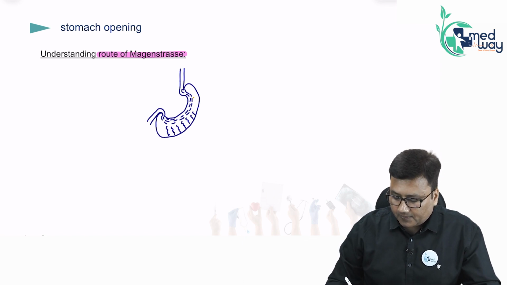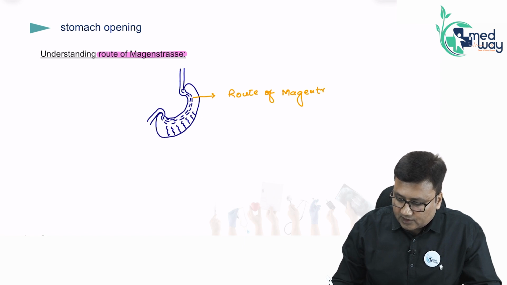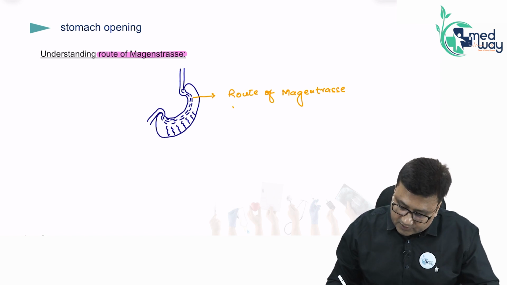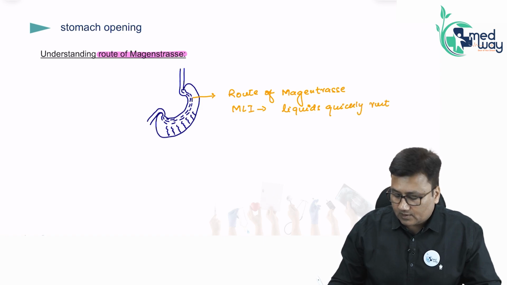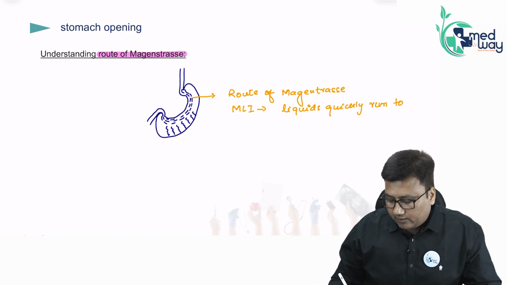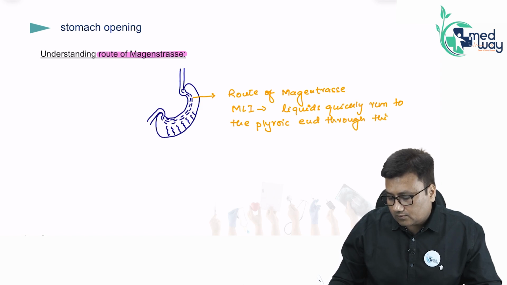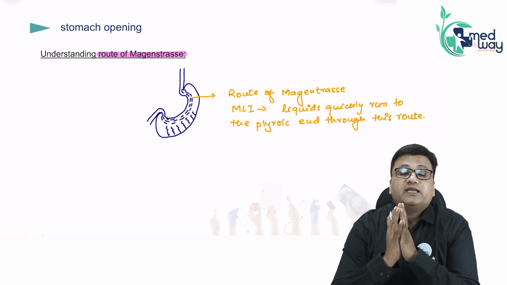This longitudinal running of the mucosal fold is called the root of Magentras, and the medico legal importance of this root is that liquids quickly run to the pyloric end through this route, and the same shall happen in cases of corrosive ingestion, right.